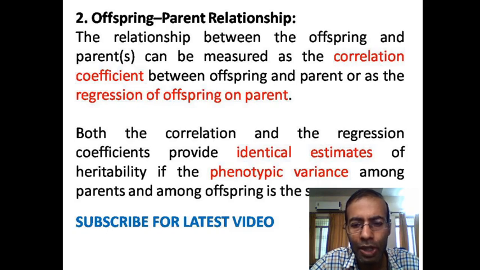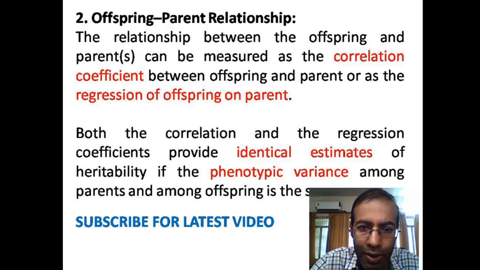By these two approaches, we can estimate heritability. Both the correlation and regression coefficient provide identical estimates of heritability if the phenotypic variance among parents and among offspring is the same.